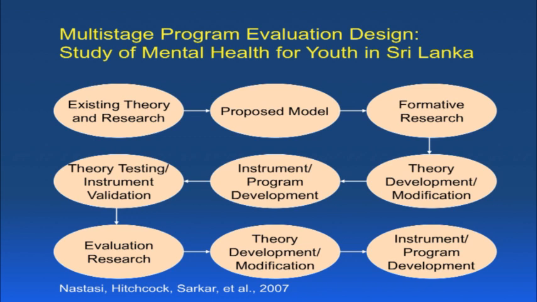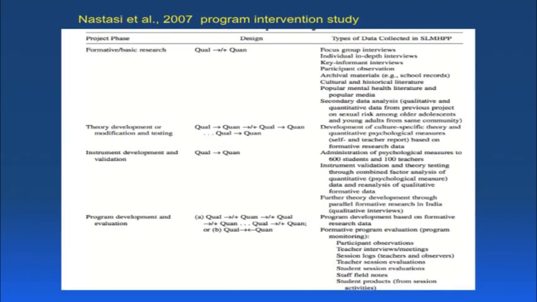They looked at the theory and proposed a model, did some preliminary formative research, developed a theory, and then came up with an instrument which they then tested out, evaluated the success of it, then they modified the theory. So they actually had this diagram in their article.